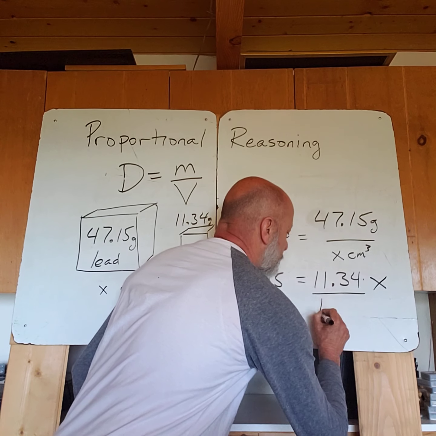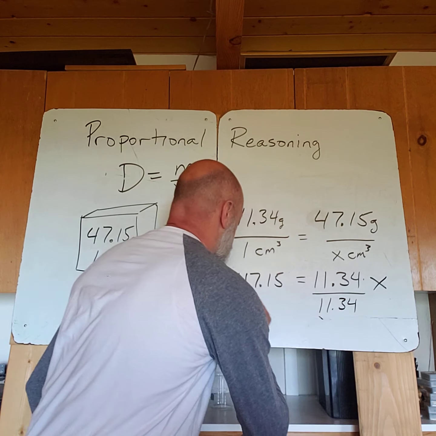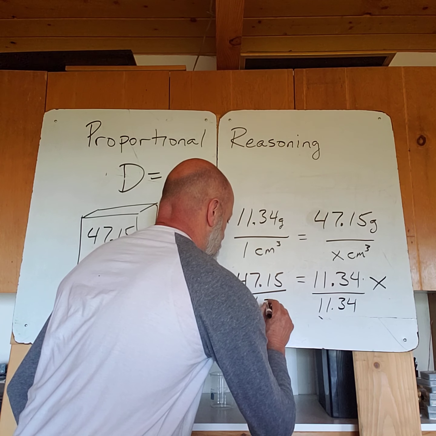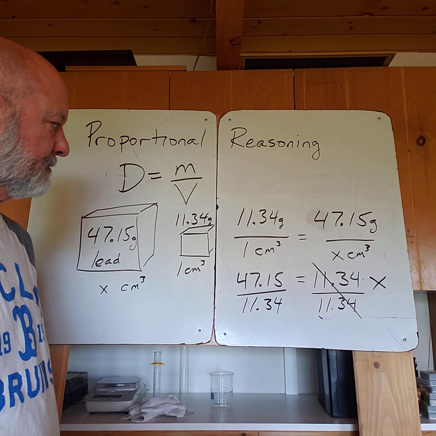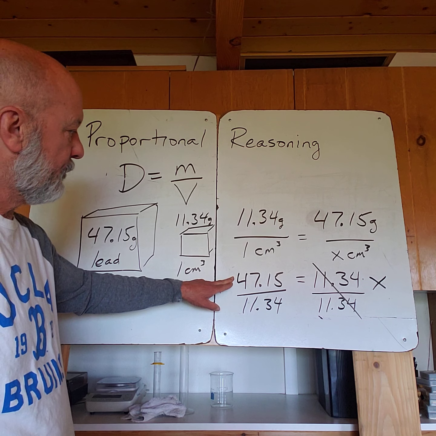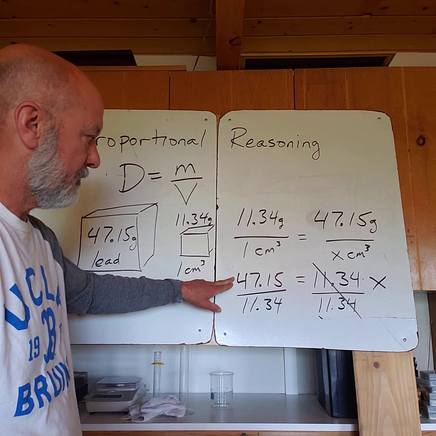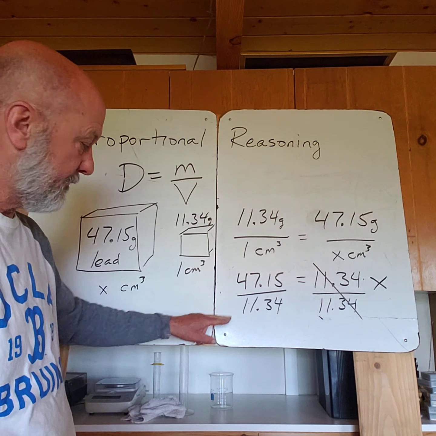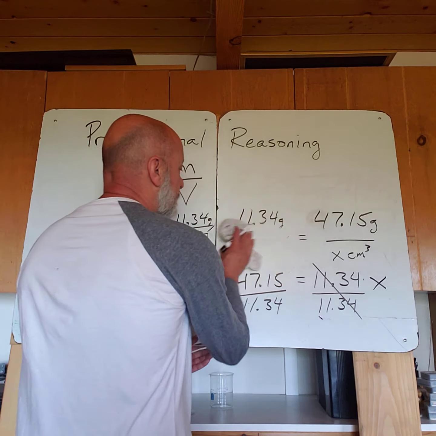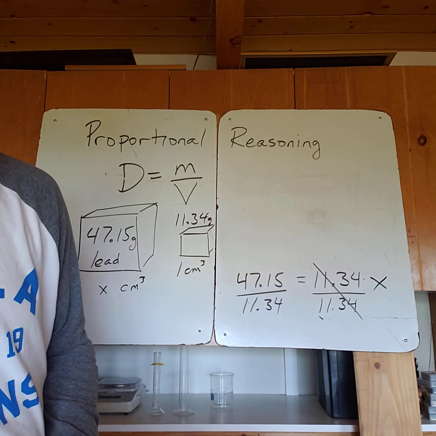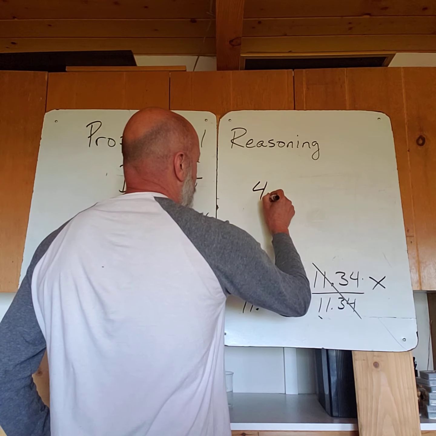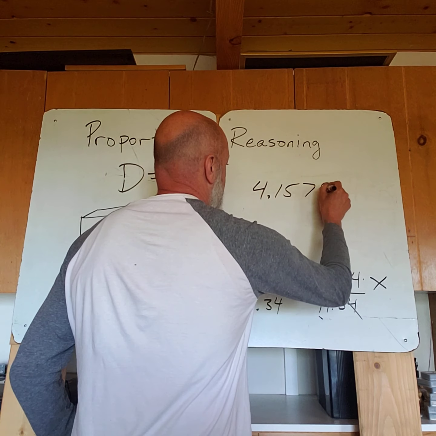Divide both sides by 11.34, which makes that go away. The answer then is 47.15 divided by 11.34. I plug that into my calculator, and my calculator said 4.1578, etc.